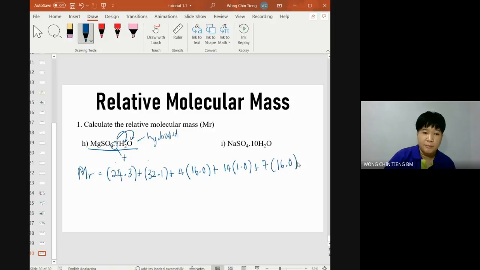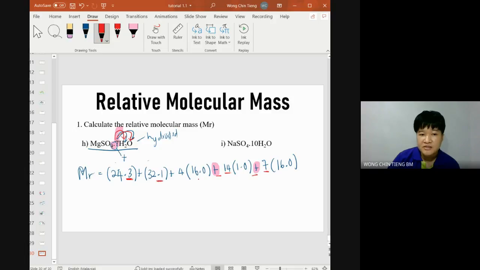And I want you to pay very close attention on the dot over here still represent tambah. 7 yang ada kat depan wajib darab masuk. 7 yang ada kat depan wajib didarab masuk ke dalam hydrogen and also water. So 7 times 2, 14. 7 times 1, 7. That is your 14, that is your 7. Masih tambah.